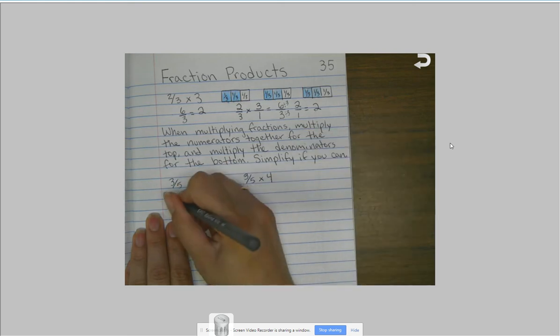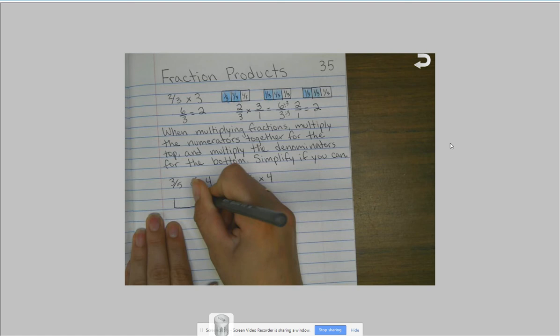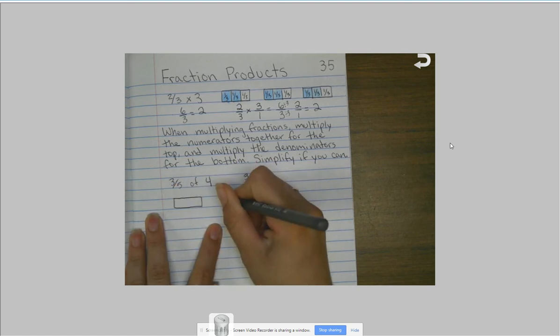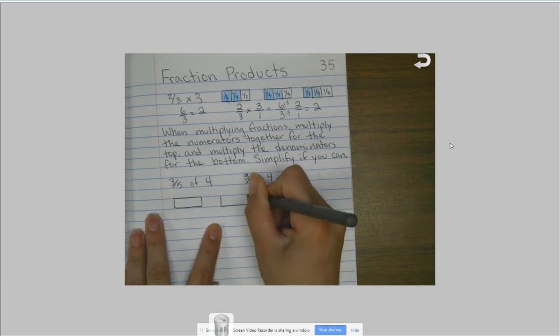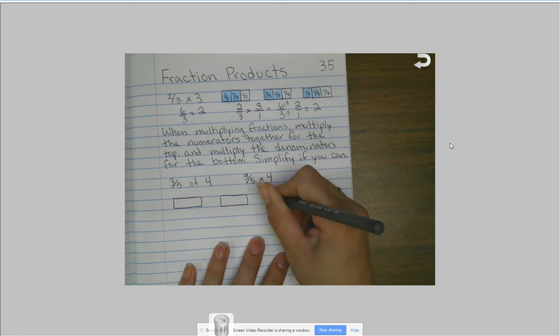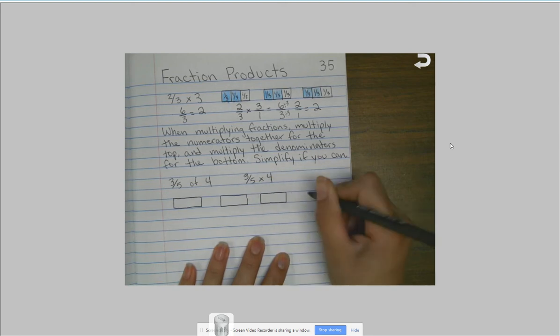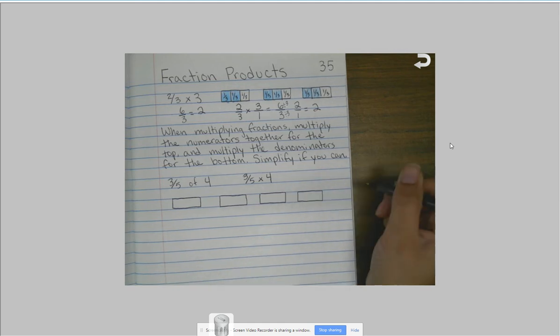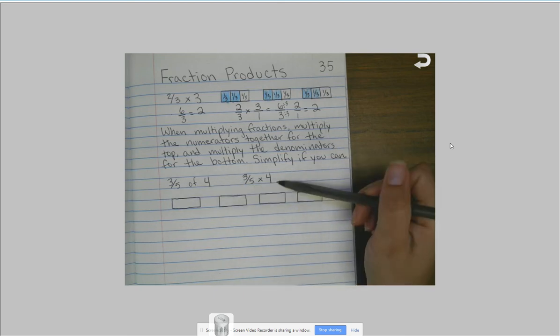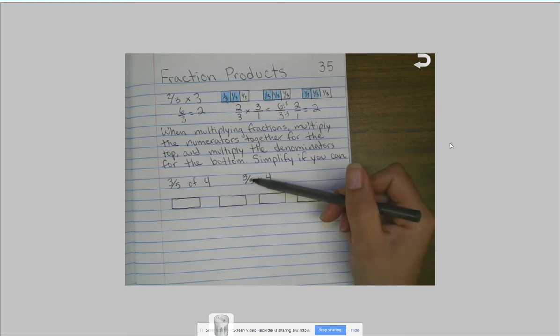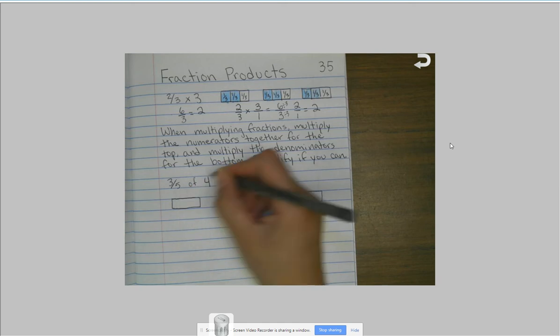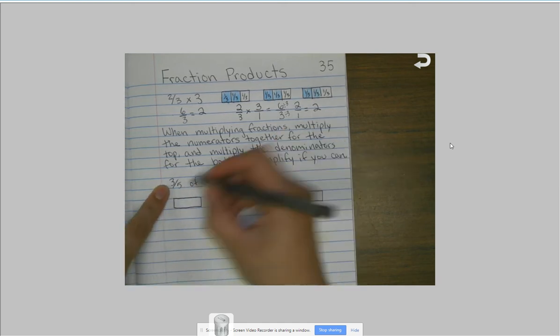So let's draw 4 rectangles that are about the same size. Now, there's my 4, but now I need 3/5. So I'm going to split this into 5 pieces and shade 3 of each one.